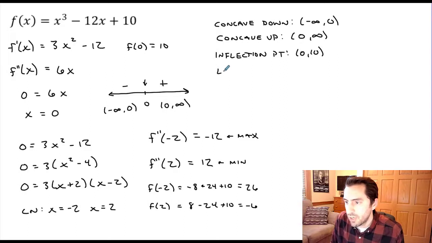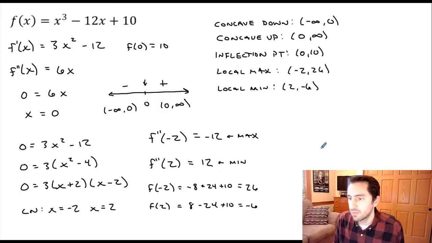So we can summarize then. We have a local maximum at the point (negative 2, 26). And we have a local minimum at the point (2, negative 6).